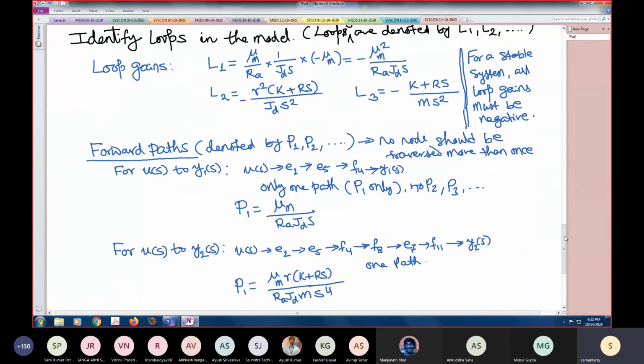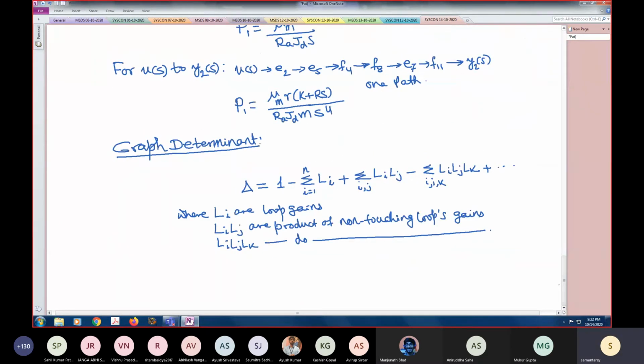Let me write this down on paper. So I have my graph determinant here. Delta is equal to 1 minus all those loop gains. L1 is minus mu m square by RAZDS.